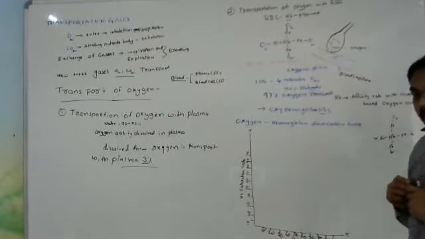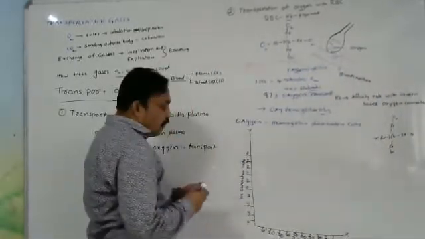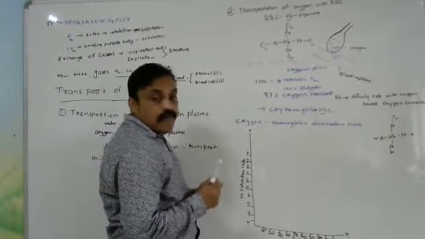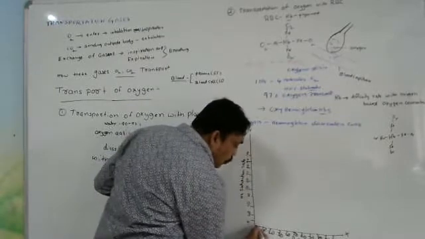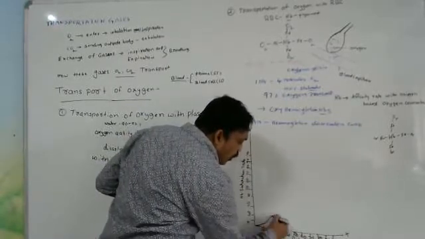So first of all, when oxygen enters the alveoli and oxygen concentration increases, hemoglobin slowly absorbs the oxygen.